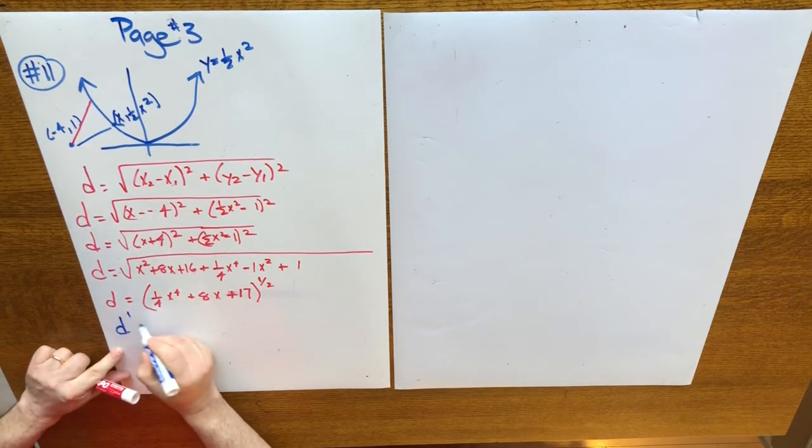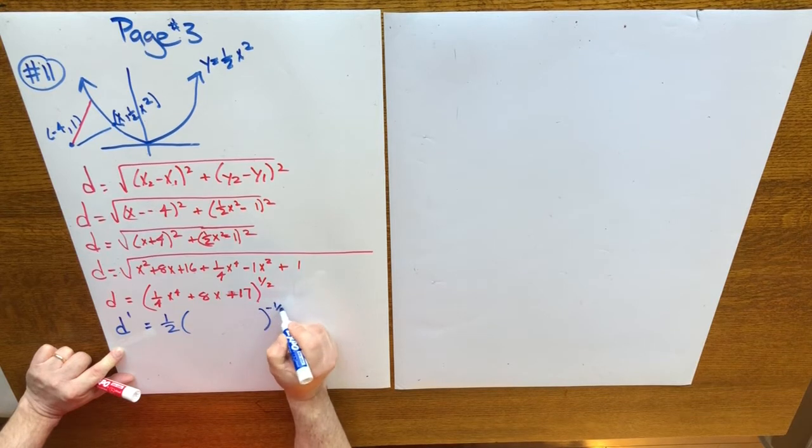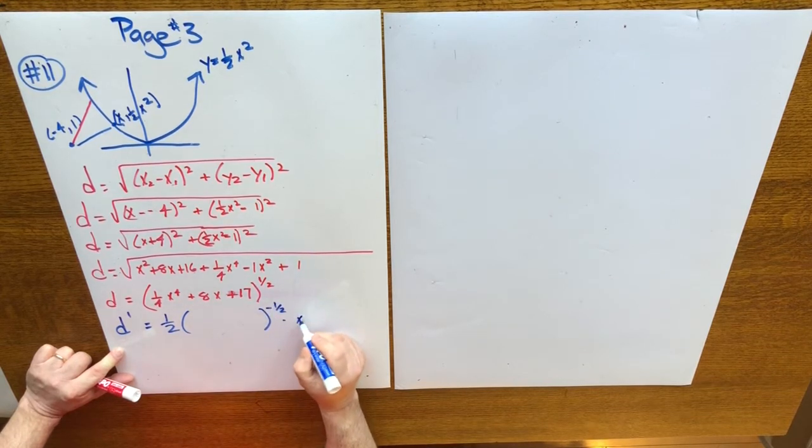So d prime equals 1/2, this whole expression to the minus 1/2 times x cubed plus 8.